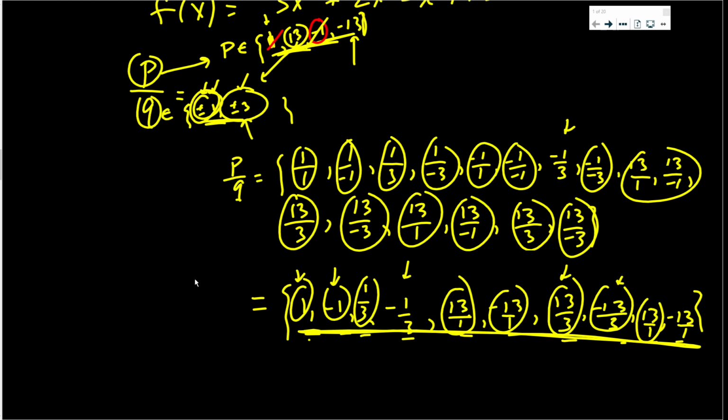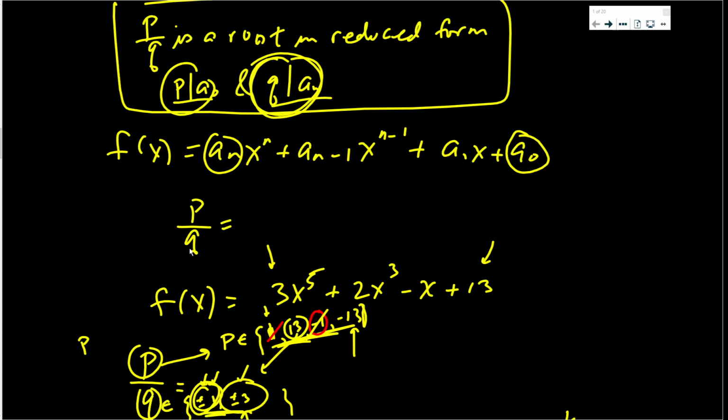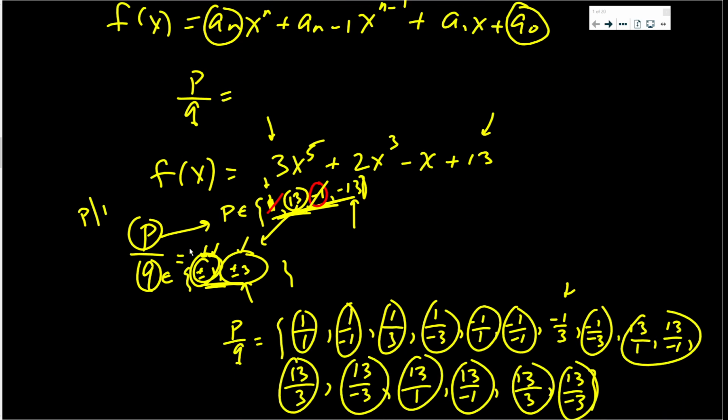Why? Because whatever rational zero you find, whatever rational root you find, P must divide the constant, and Q must divide the leading coefficient.